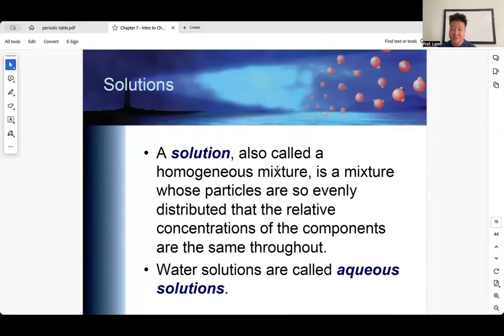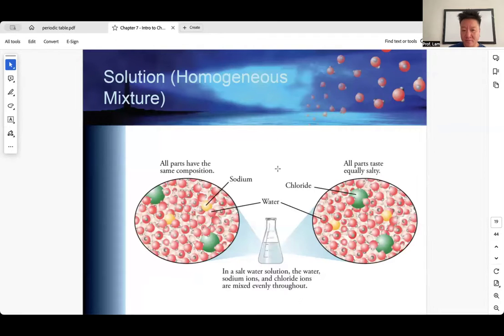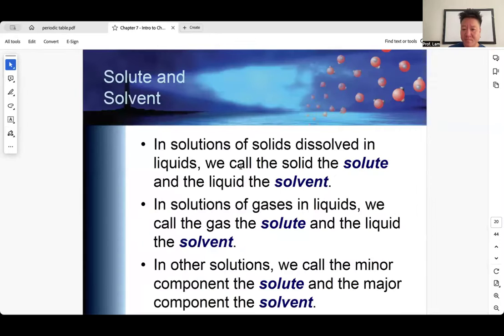Let's learn some terms. So when something dissolves in another, we call that a solution. A solution is a homogeneous mixture of 2 or more things. So that salt in water example, salt water, is a solution. Salt is called the solute, while the water is called the solvent.